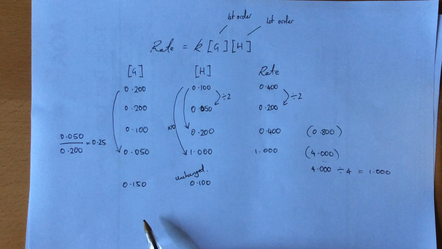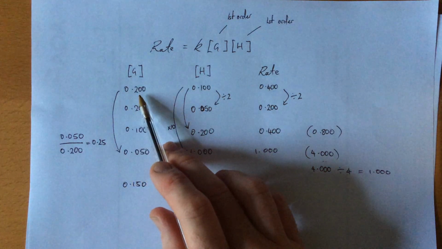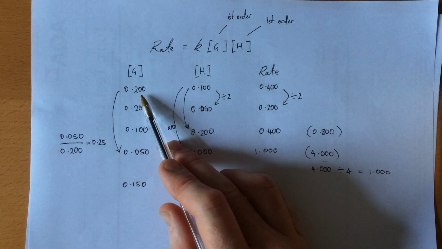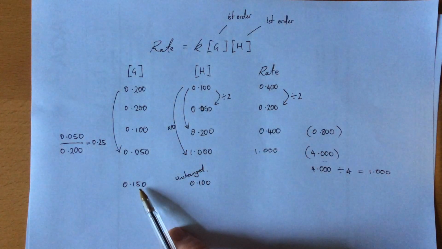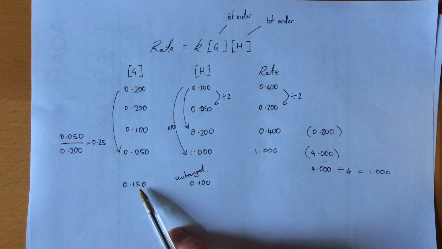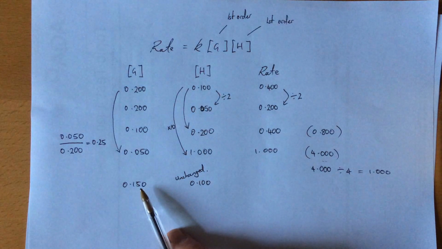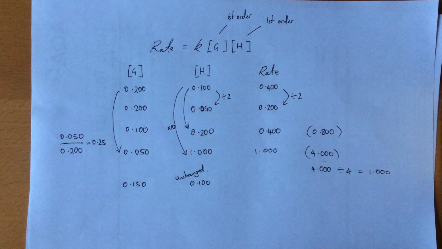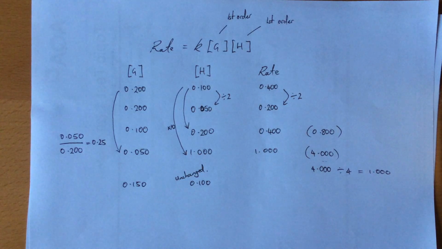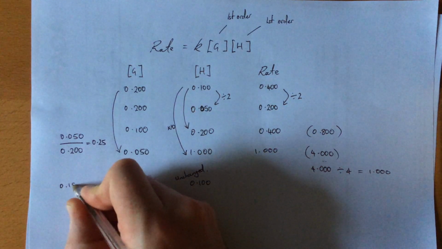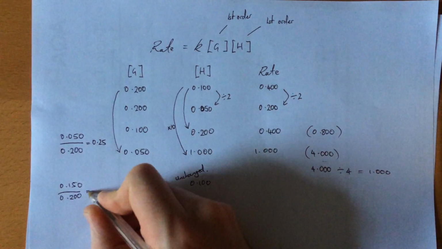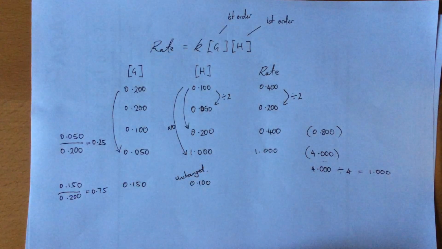Okay, so we can see that the original concentration of G was 0.2. The concentration now is 0.15. So how has this changed? We can see that it's decreased by what factor? Well, let's work it out. 0.15 divided by 0.2, and that's 0.75.